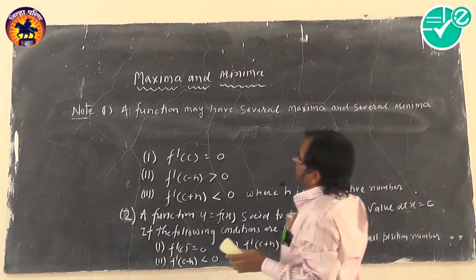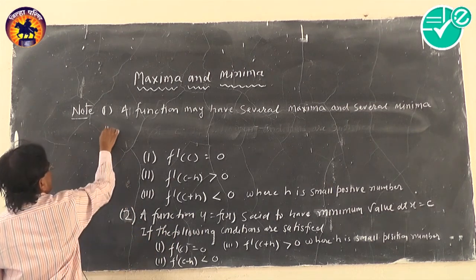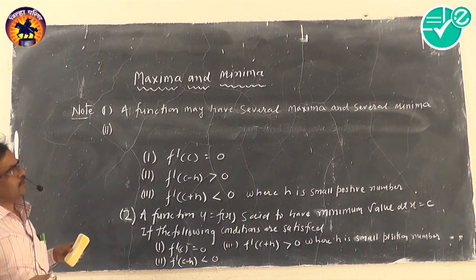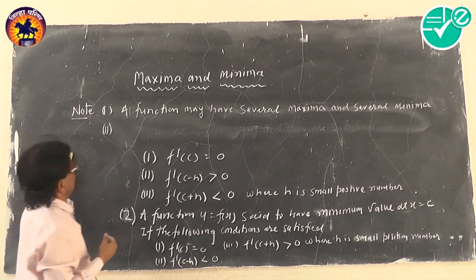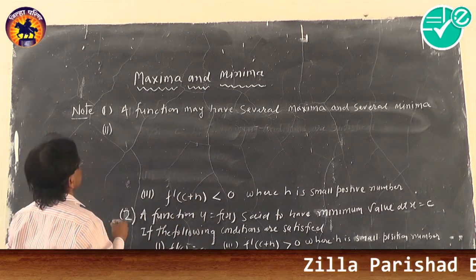A function may have several maxima and several minima, means a function has more than one maxima and more than one minima.